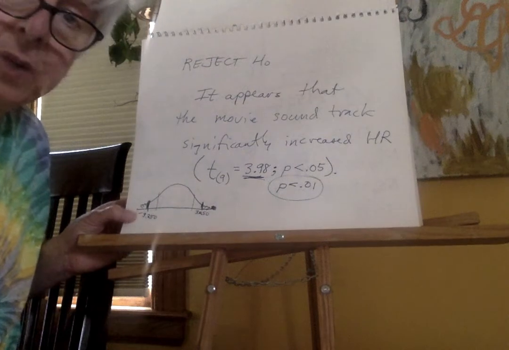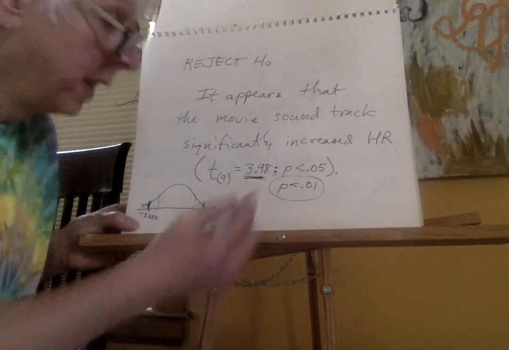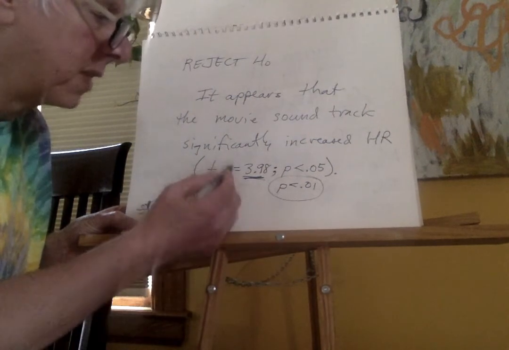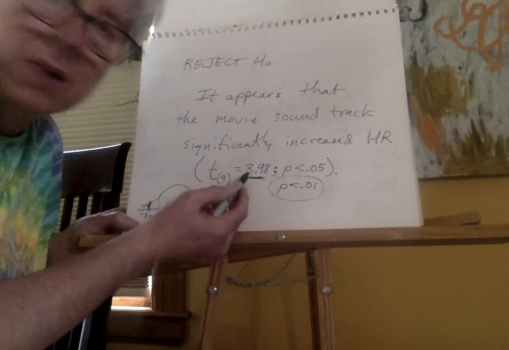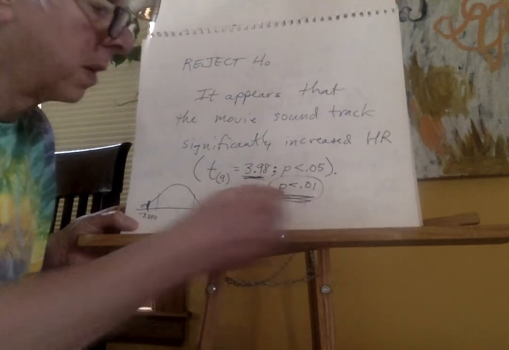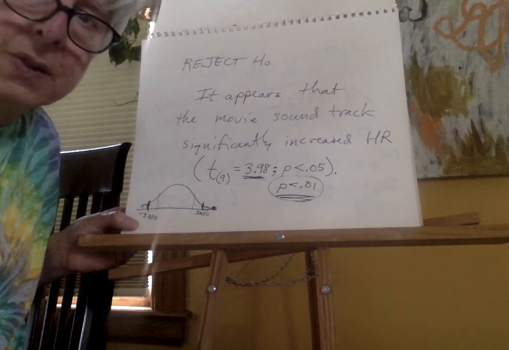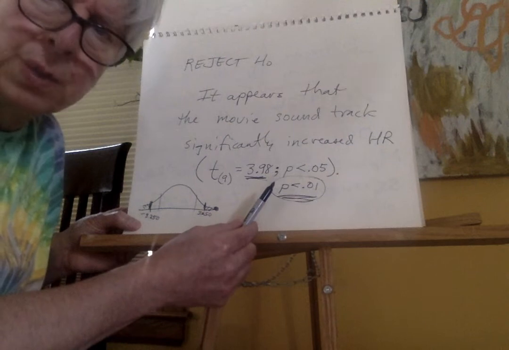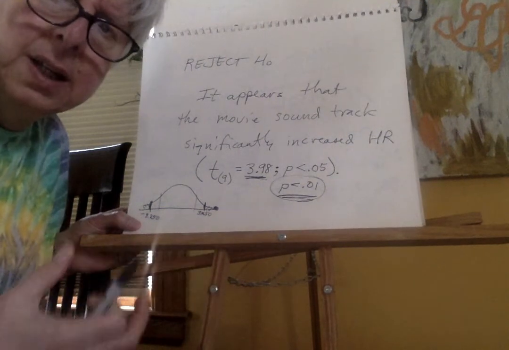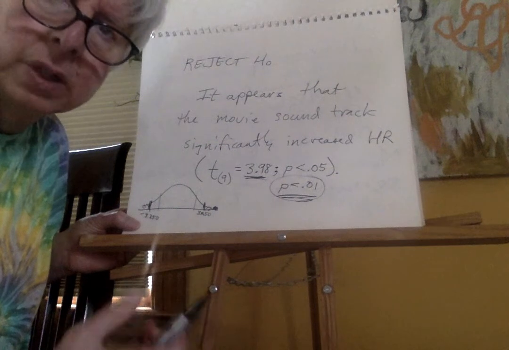So some researchers will want to indicate that. They'll say, listen, our data is so impressive. This is almost 4 standard errors away, so I'm going to say my probability that the null hypothesis is true is less than 1%. It indicates a little bit more confidence that, yeah, this soundtrack really worked.